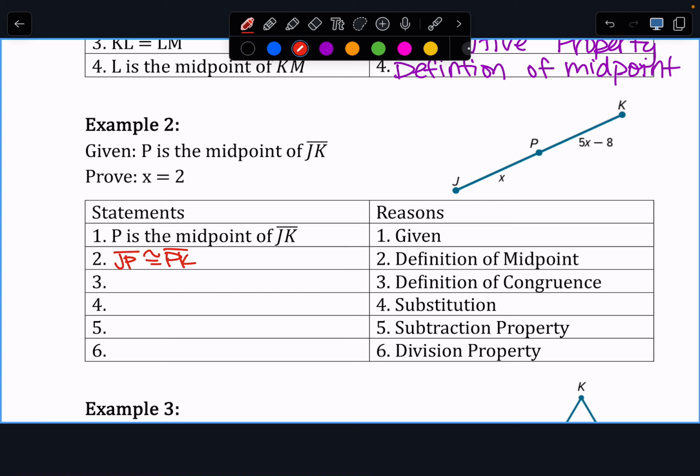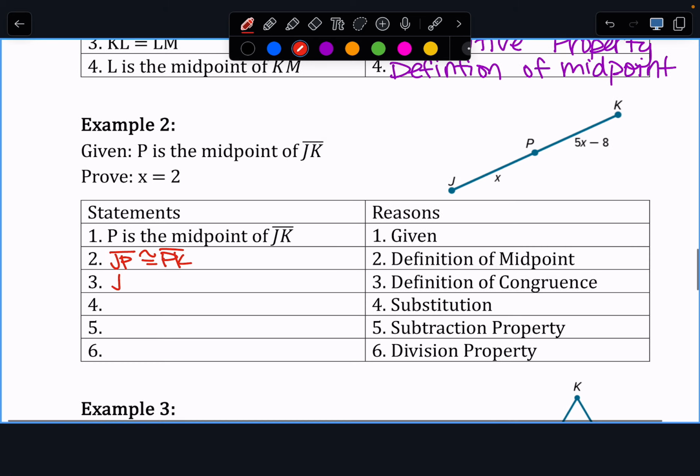Okay? The definition of congruence would tell us we can go JP equals PK. Now, why would we need equality instead of congruent? You have to use these measures of JP and PK.